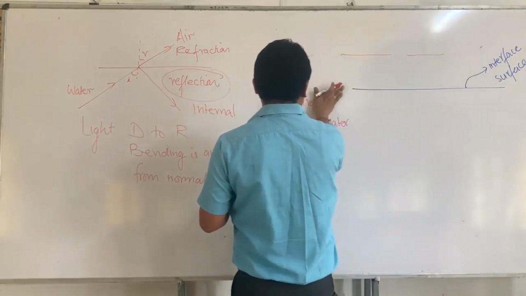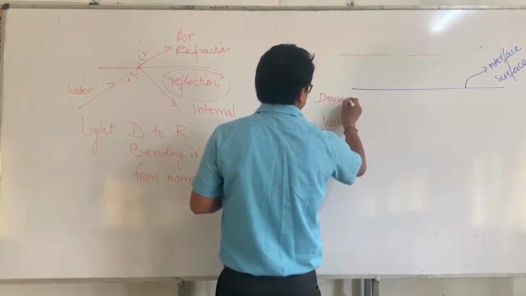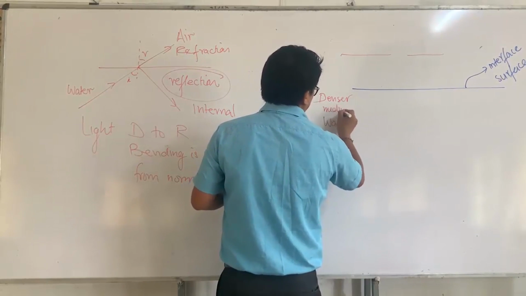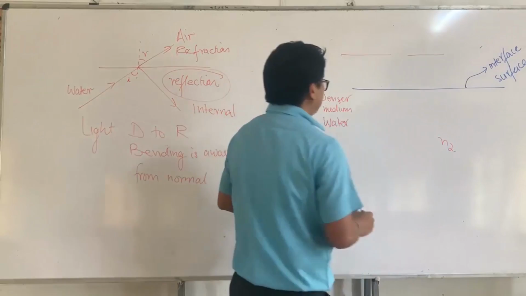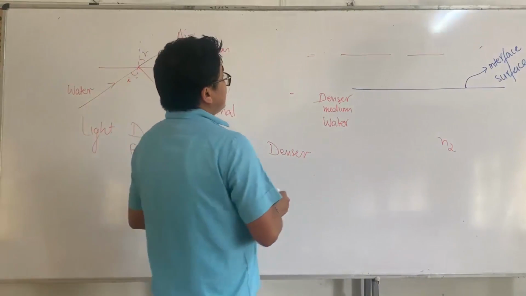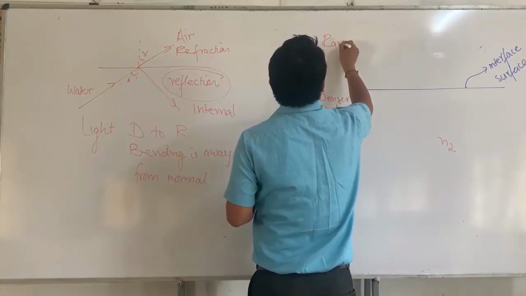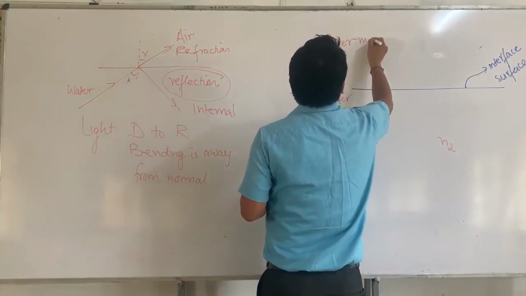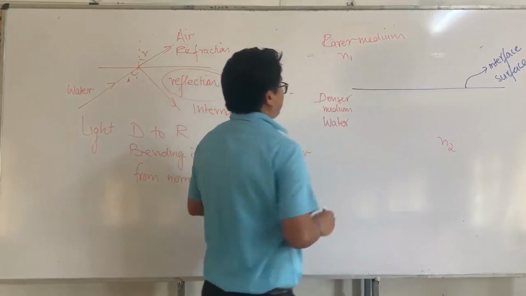I write here denser medium, with refractive index N2, and this is the rarer medium. Let's say refractive index is N1.